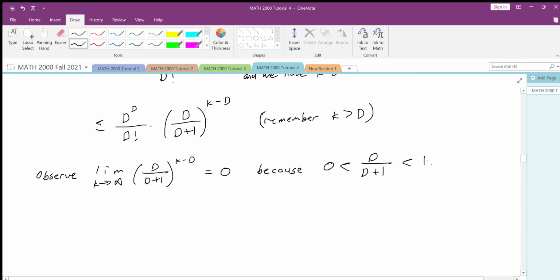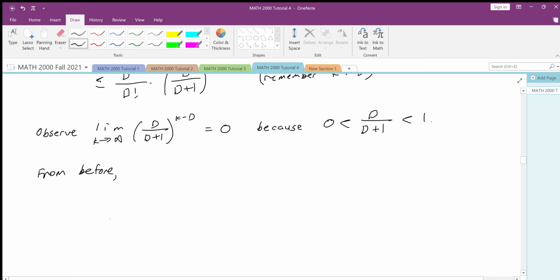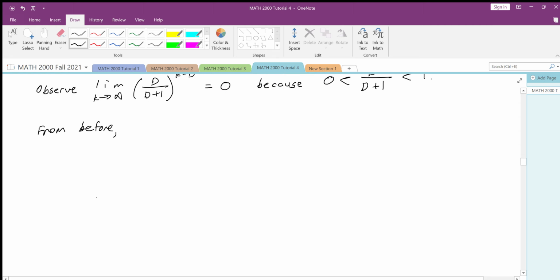So overall, from before, we have that 0 is less than or equal to c to the power k over k factorial. That's less than or equal to d to the power k over k factorial.